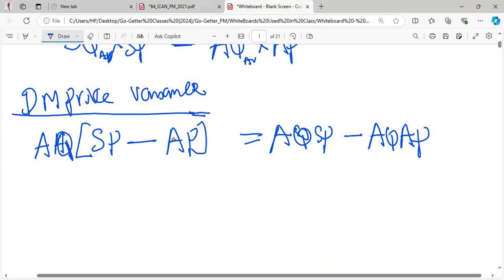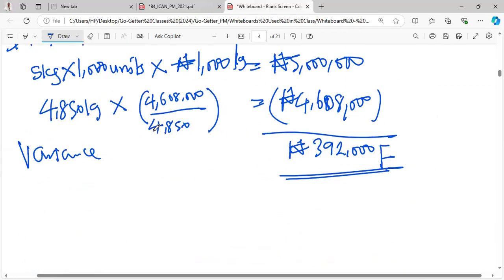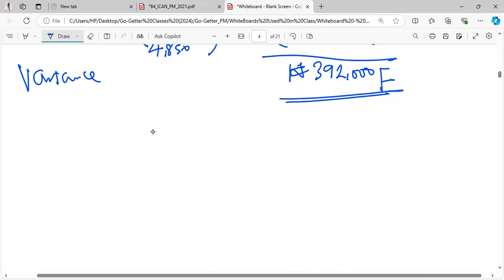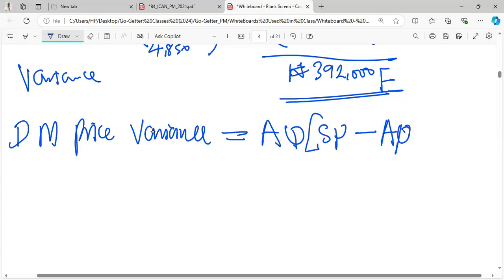So now in the case of this example we just did, let's go and look for the direct material price variance. We say it is going to be actual quantity times standard price minus actual price.